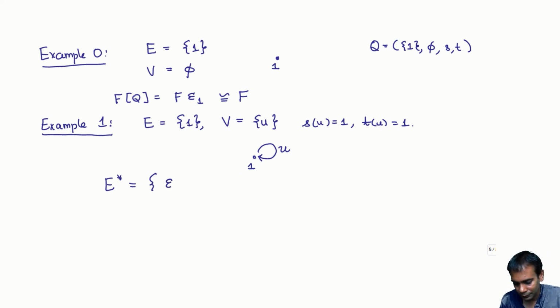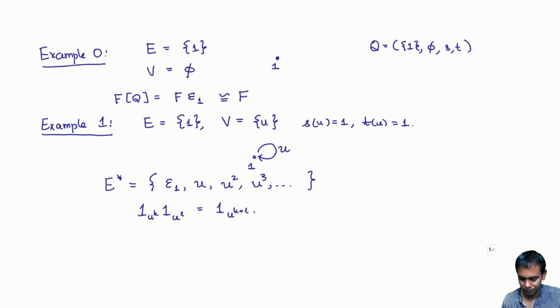There's the empty path, then there's U, then U squared, U cubed, and so on. So FE star is just the vector space spanned by epsilon 1, U, U squared, U cubed, and so on. And we have 1_{U^k} multiplied by 1_{U^l} is 1_{U^{k+l}}.